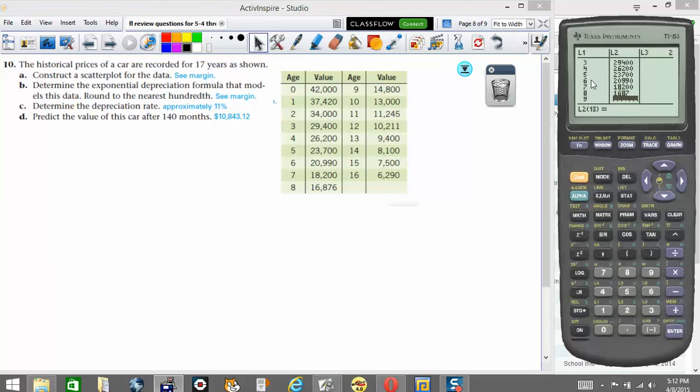Oh, there's an error. 16,876. Then we're on year 9, which is 14,800. Year 10 is 13,000. Year 11 is 11,245.